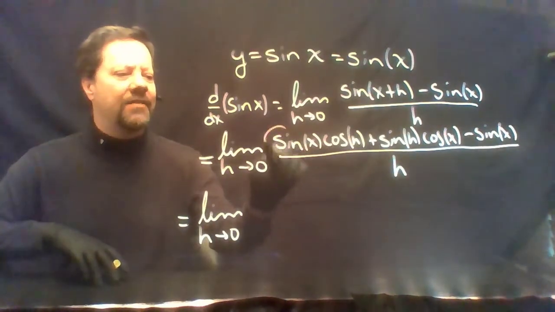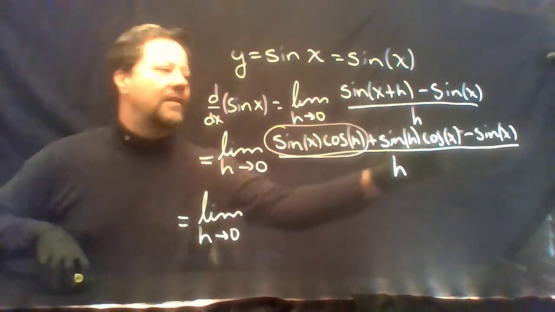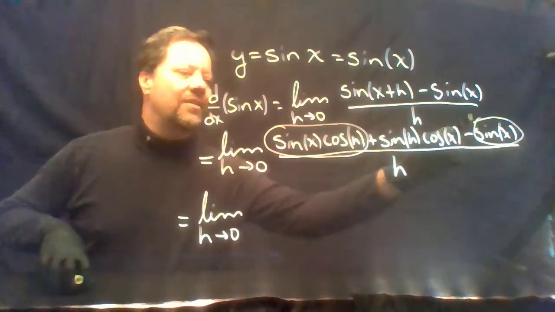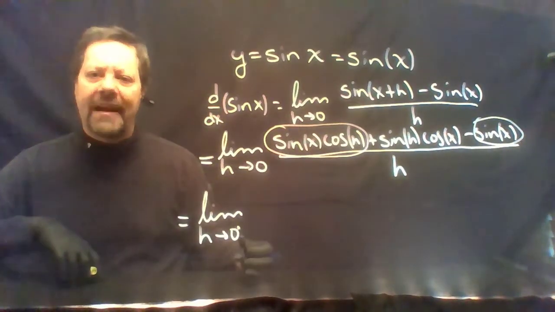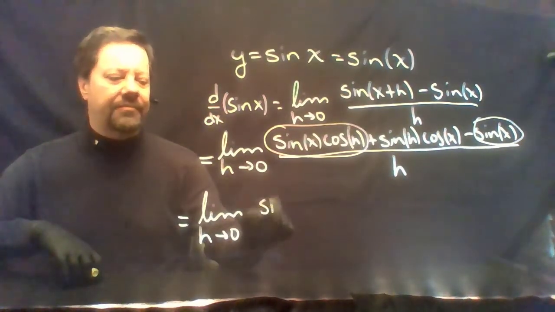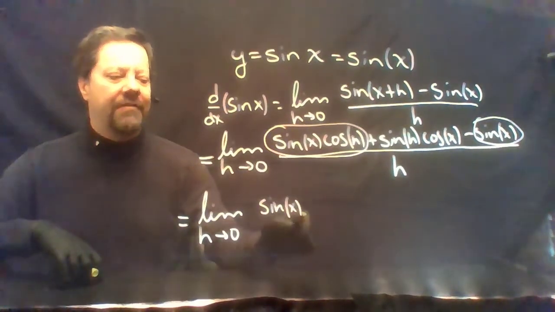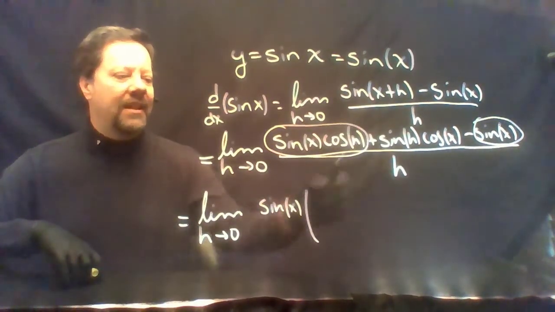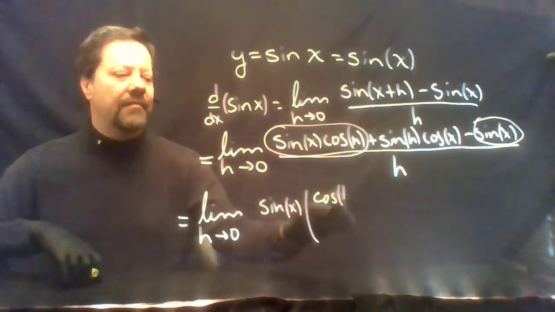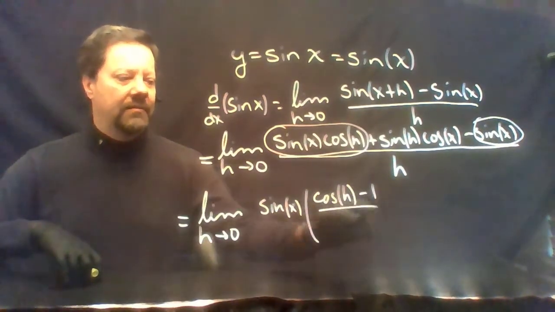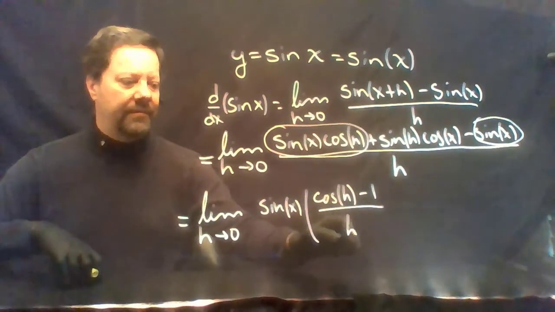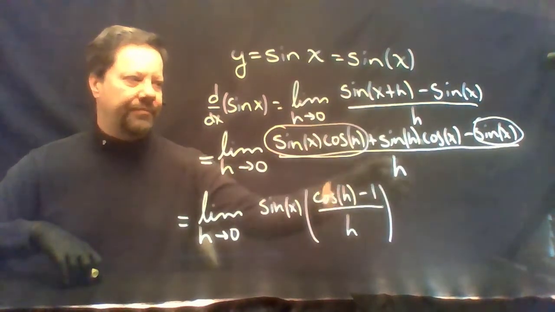I'm going to take this first term and combine it with this last term. They have a common factor of sine of x. I'm going to factor that out. And what's left is cosine of h minus 1 over h.